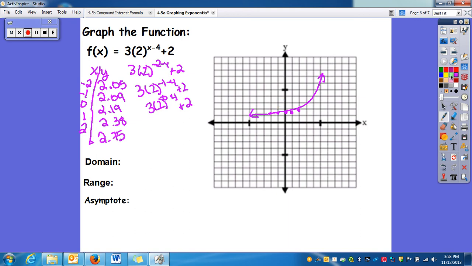Alright, so notice, you can kind of eye it, that your asymptote. Oh, I just realized I plotted this wrong. Sorry. Some of you guys are like, you're doing it wrong. Alright, so it should be here. Keeps growing.